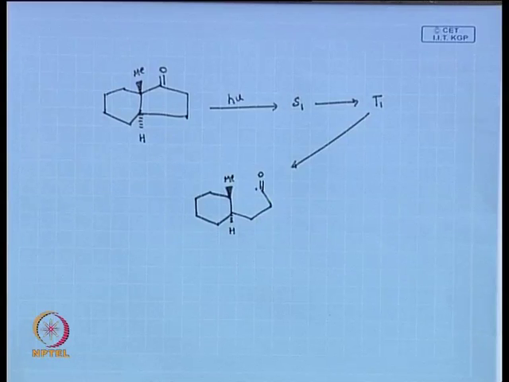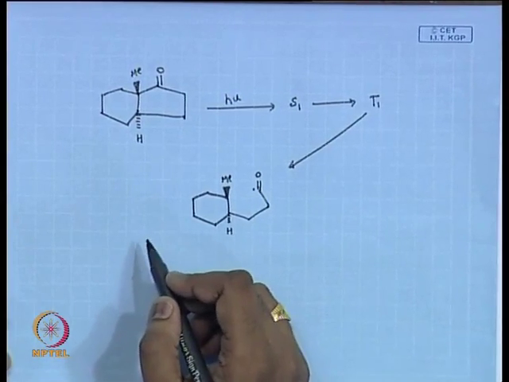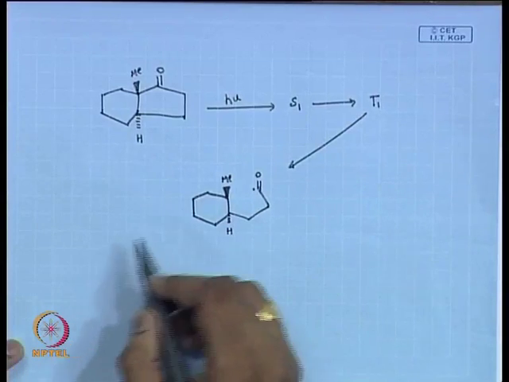Now, what chemistry can dominate here? What are the secondary processes I can think about? Shall we write one product and see whether it can be formed?